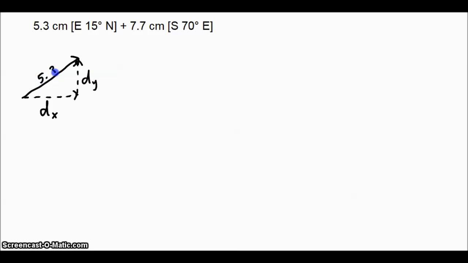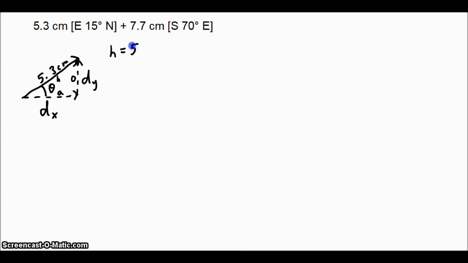This is our 5.3 centimeter vector here. Because we went in the order given, east and then north, we know that our theta is right here. So because our theta is here, that means this is our opposite side, this is our adjacent side, this is our hypotenuse. So we'll start by listing our knowns.